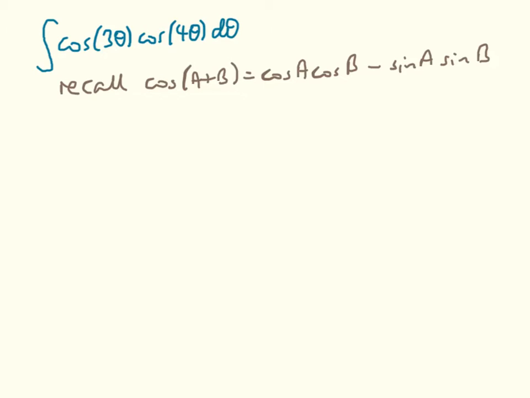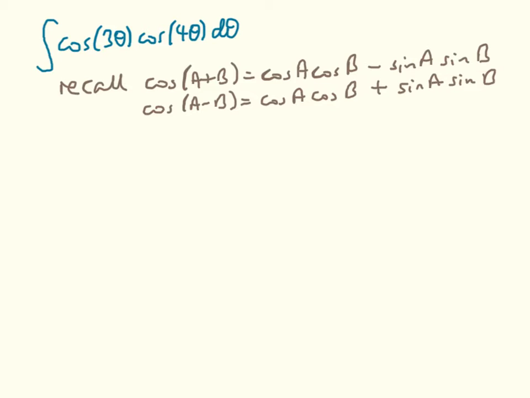And therefore, by symmetry, the cosine of a minus b is the cosine of a times the cosine of minus b, and the cosine of minus b is by symmetry cosine of b, and then we have the sine of a times the sine of minus b, but the sine is an odd function, so we get an extra minus sign, and that makes this plus. So this is our formula, and both of these equations involve a cosine multiplied by a cosine.